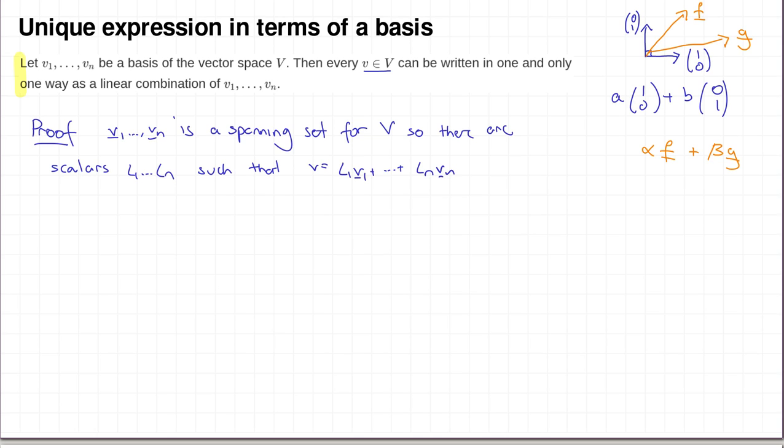So all we have to do is show that there is no other way to write v as a linear combination of the v's.